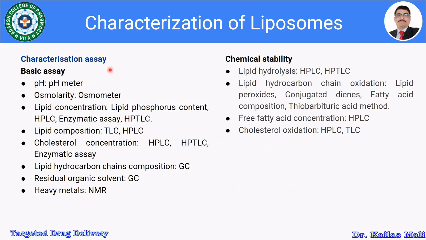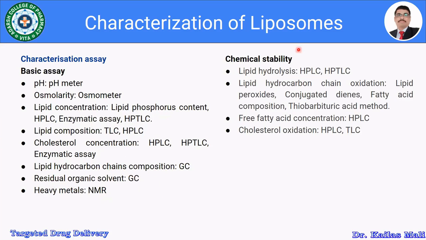Then the characterization assays for the liposomes. There are basic assays: measuring the pH, the osmolarity by using an osmometer, lipid concentration by lipid phosphorus content, HPLC, enzymatic assay, HPTLC, then lipid composition by TLC and HPLC, cholesterol concentration by HPLC, HPTLC, enzymatic assay, lipid hydrocarbon chain composition by GC, residual organic solvents by GC, and heavy metals by NMR.